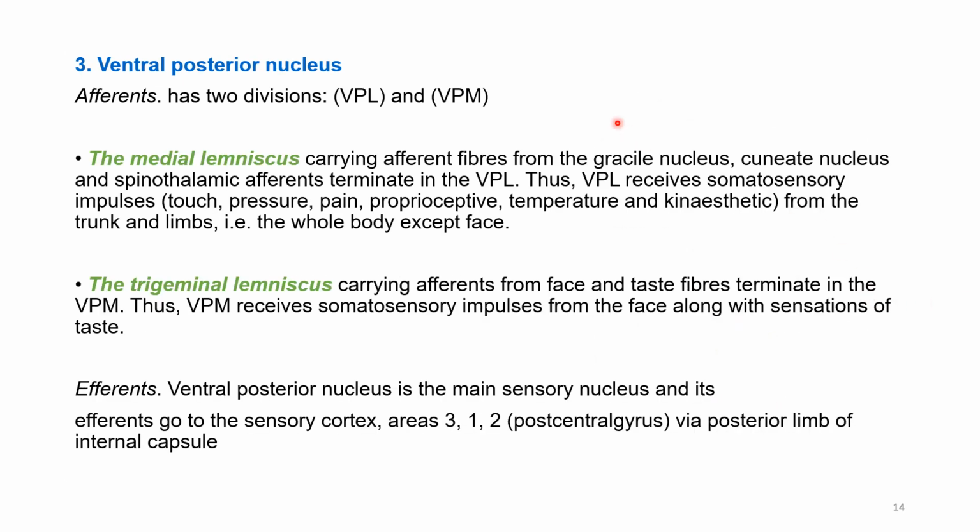Then coming to the ventroposterior nucleus. It has two divisions, VPL and VPM: ventroposterolateral and ventroposteromedial. The medial lemniscus, carrying afferent fibers from the gracile nucleus and cuneate nucleus, and spinothalamic afferents, all three will terminate in the ventroposterolateral nucleus.